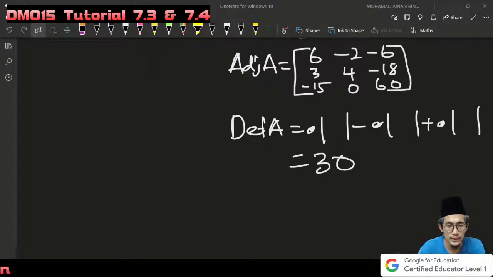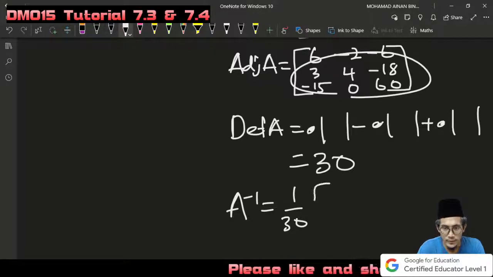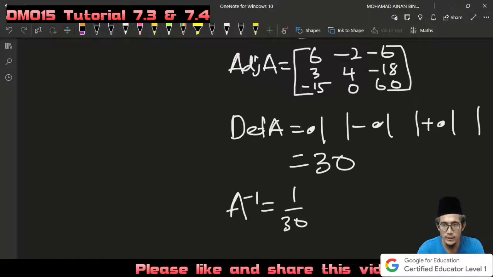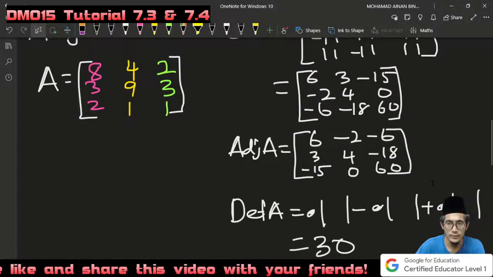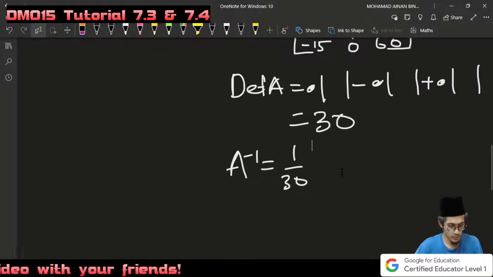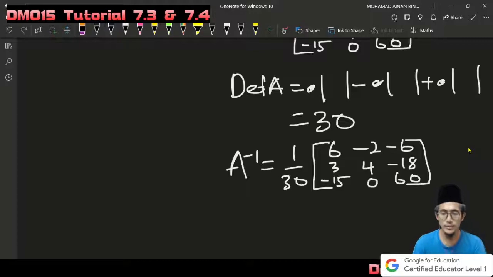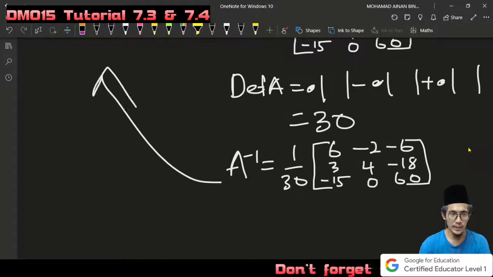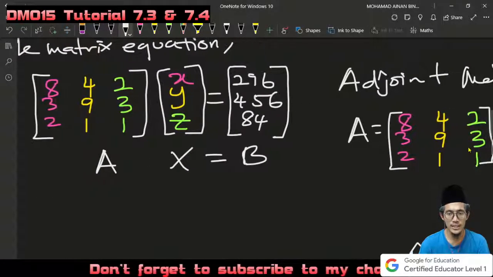A inverse is 1 over 30 times this matrix. Okay, I just copy. I copy over here. So this is it. You should have it already, because the question doesn't actually ask to find A inverse. Okay, we can put it inside here.